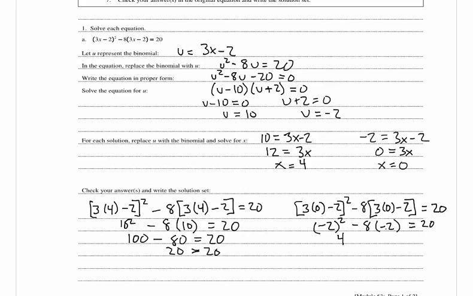Negative 8 times negative 2 is positive 16. And 4 plus 16 does equal 20. So 20 equals 20, and 0 is also part of our solution. So we have a solution set of 0 and 4.